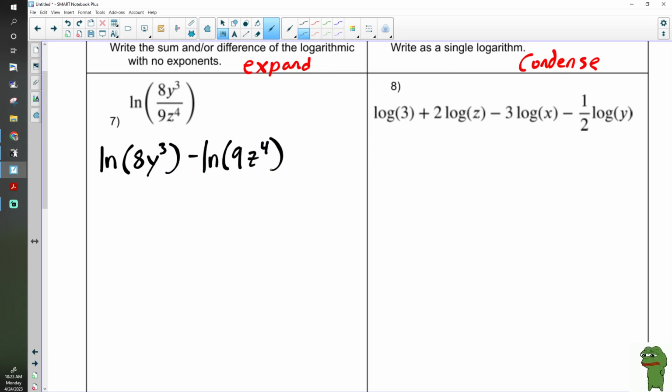Okay, again, because we were dividing the 8y to the third divided by the 9z to the fourth, we rewrote it as two ln's being subtracted. The top went in the first one, the bottom went in the second one. That is our first step.